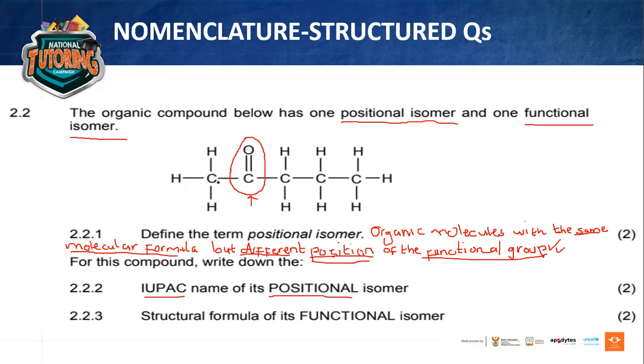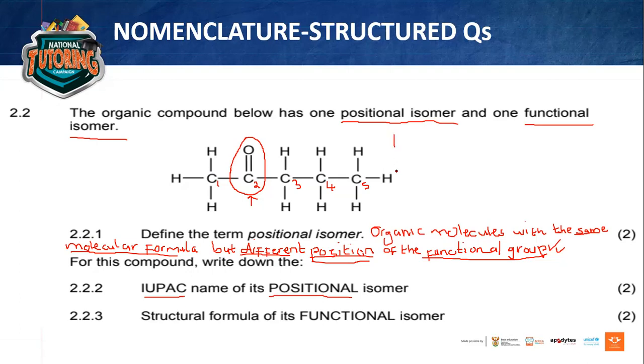So if I follow IUPAC rules, this is carbon 1, this is carbon 2, this is carbon 3, this is carbon 4, and this is carbon 5. So it must have the same molecular formula, but the position of the functional group must be different. It means this functional group can no longer be on carbon number 2. It has to be on carbon number 3 altogether.